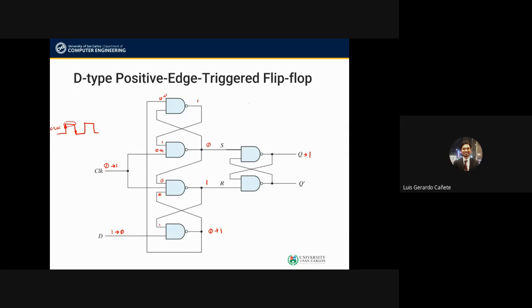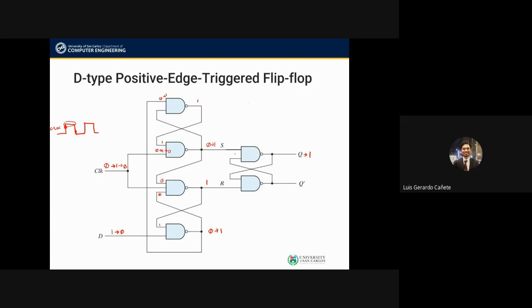So we are still going to maintain here, even though we try to transition D after we transition clock. Now, when we go back from 1 back to 0, this goes from 1, 1 back to 1, 0, in which case this goes to 1.